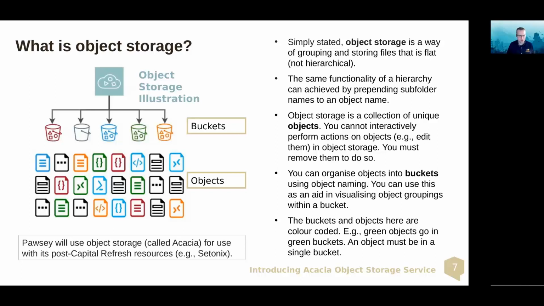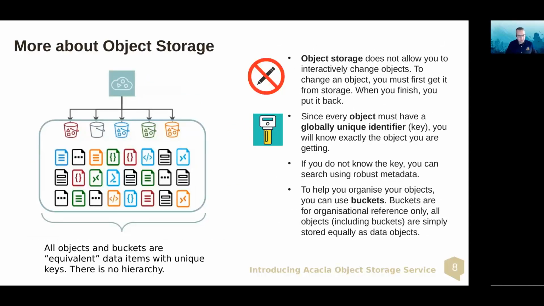So the fundamental concept is completely flat storage, but we can change the name of an object to capture a hierarchy that way. The second thing with object storage is that it does not allow you to interactively change objects. To change an object, you must fetch it, or what I mean by fetch is you make a copy from storage, and then you modify the file, then you put it back.